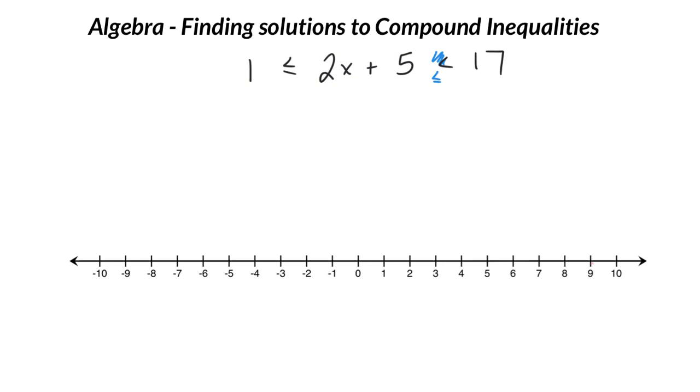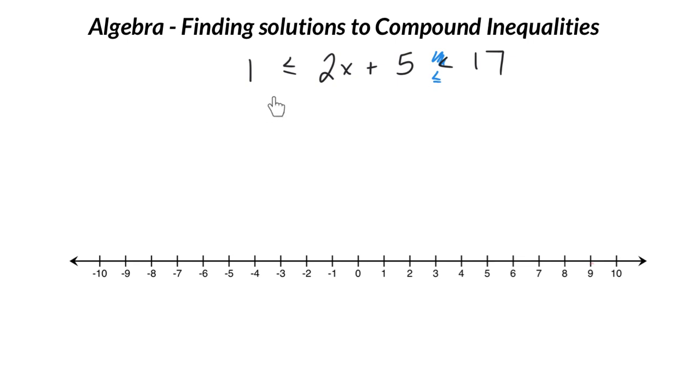In this case, you can see I've bounded an expression. I've said that 2 times x plus 5 has to be greater than or equal to 1, so the x's that when I plug in come out bigger than 1, but it also has to be less than 17. Now, solving this looks a little bit different, because you could write this down twice, 2x plus 5 is bigger than 1, and 2x plus 5 is less than 17.